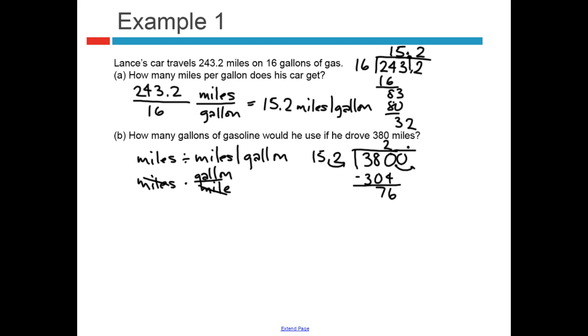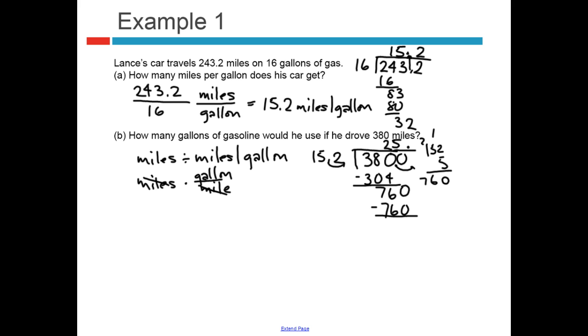So I have 76. I bring down a 0, and this time if I take 5 times 152, that's 760, so I get a 0 remainder.